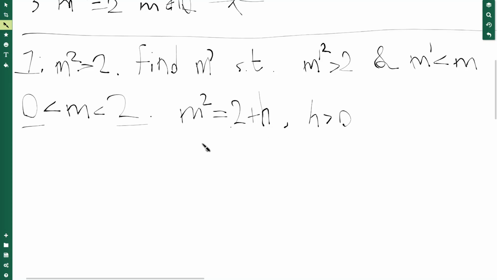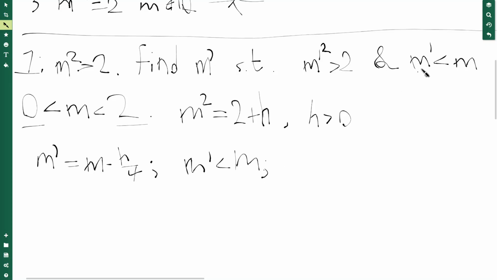Okay. Let's see. So now let's construct m prime as such. So we have m prime is equal to m minus h over 4. Okay? So we know that clearly, since h is greater than 0, m prime is less than m.